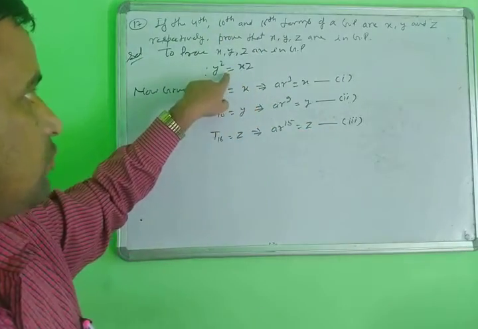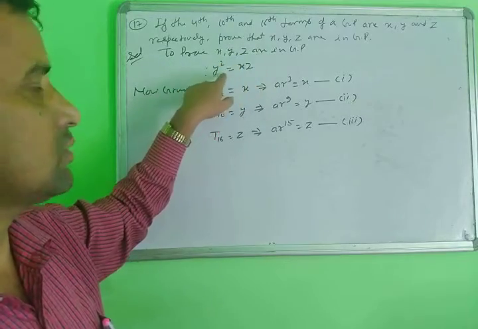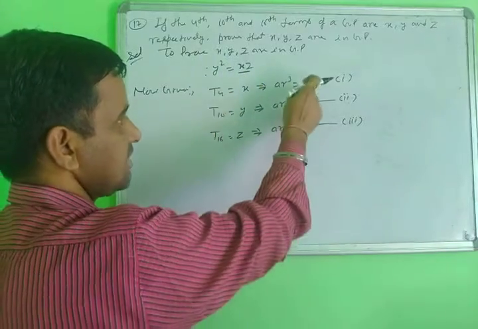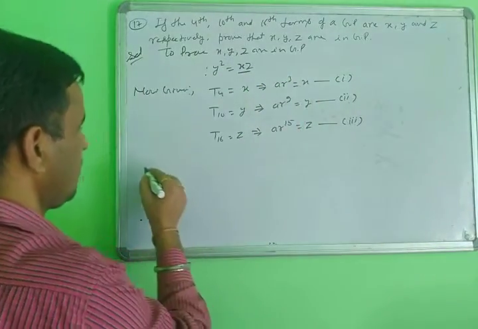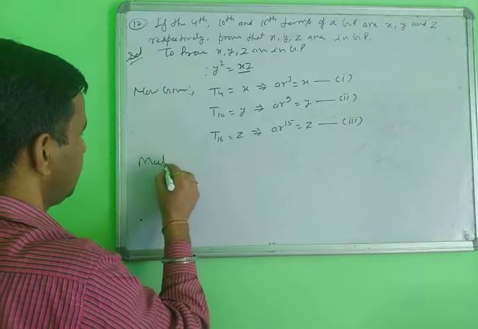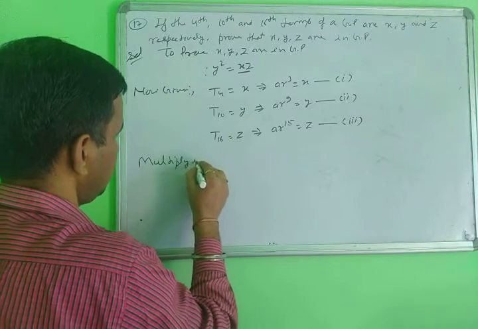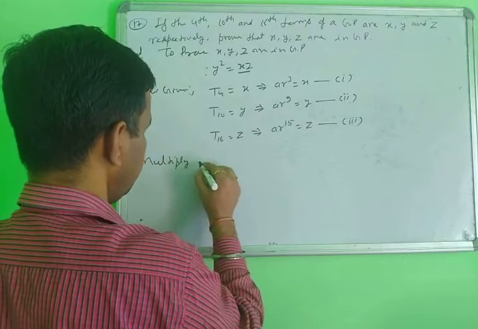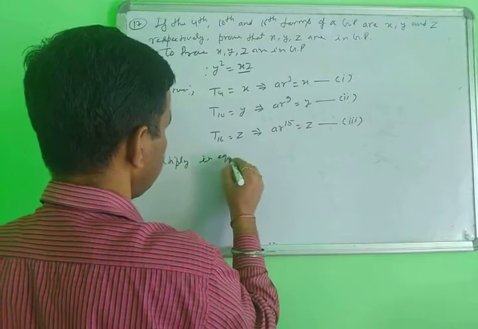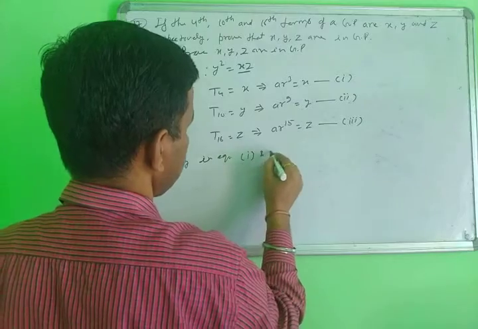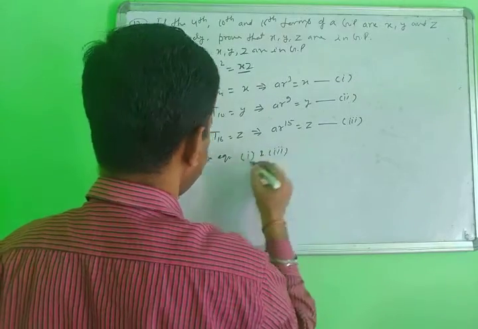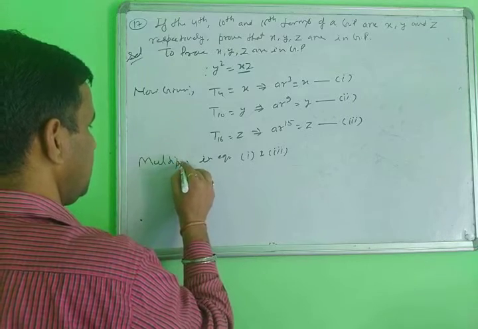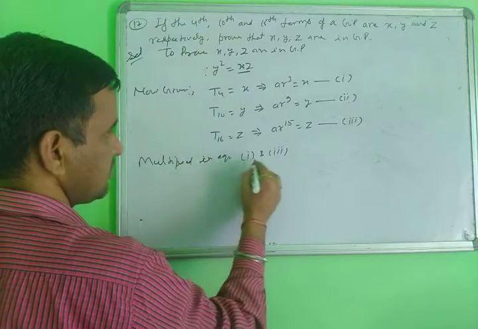Or you will prove that X, Y, Z are in GP means Y square equals XZ. What is given about X and Z? That means X is a multiplier. So now multiply equations first and third.